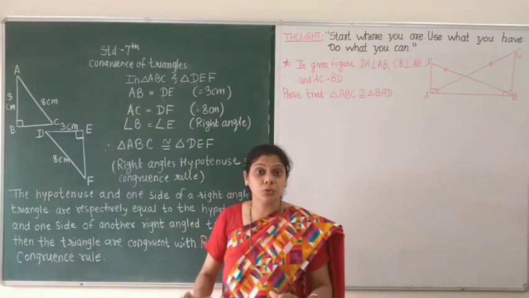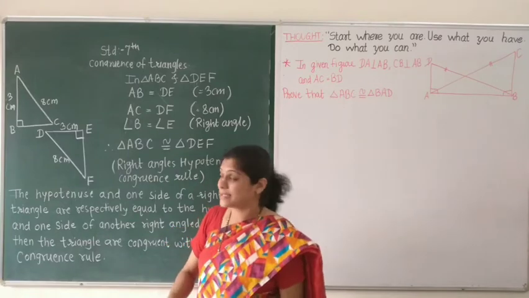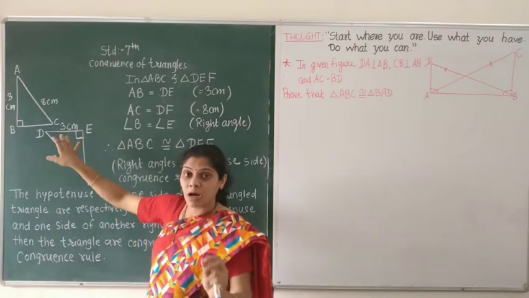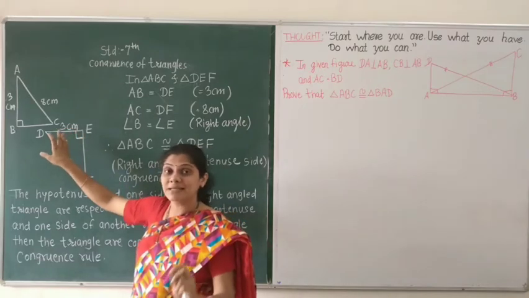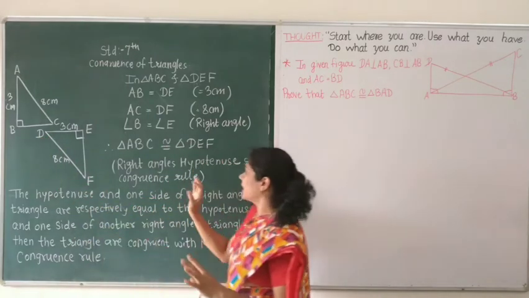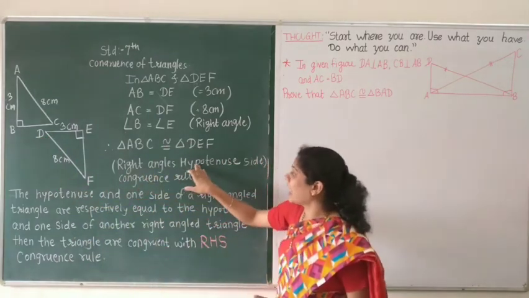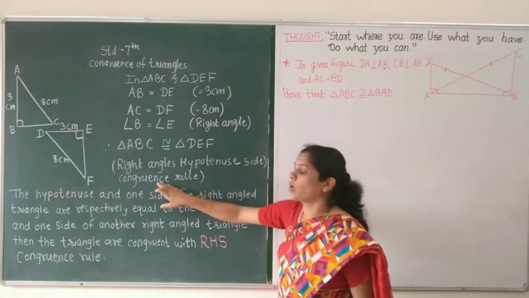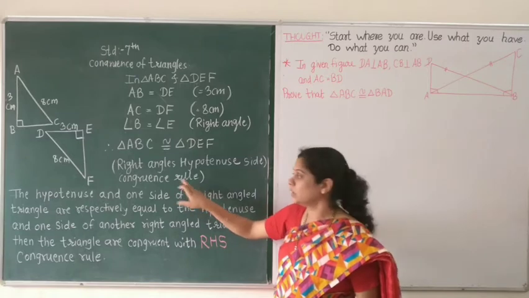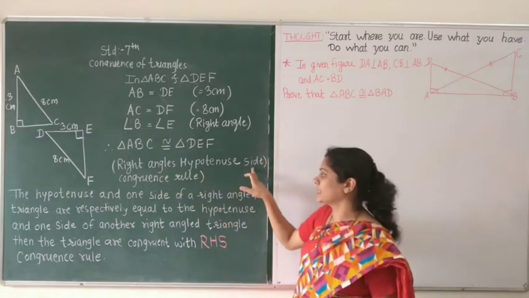But what rule? Already we have seen here, there is a right angle. Out of three sides, one side is the hypotenuse. So the right angle hypotenuse side congruence rule. What is the name of that rule? Right angle hypotenuse side rule.